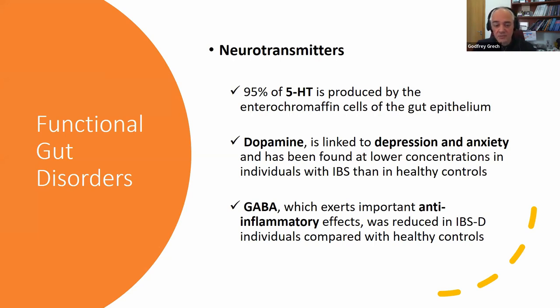Dopamine is also produced from the gut lining, which is linked to depression and anxiety, and it's known to be very low in IBS individuals. And also GABA, which has an anti-inflammatory effect, is also reduced in IBS individuals when compared to healthy controls. So all this is mainly because of the dysbiosis that exists, which then disbalances everything.